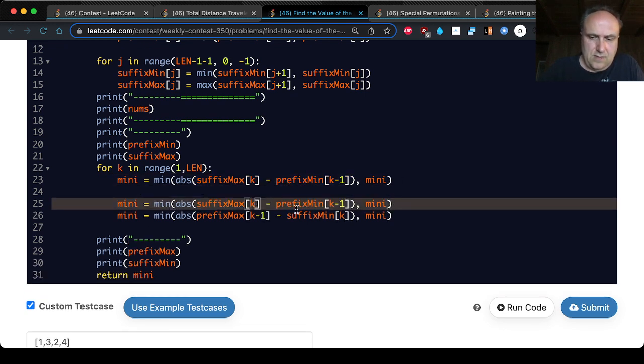So it's going to be suffix -1. This is crazy.